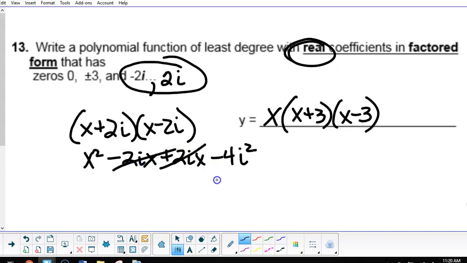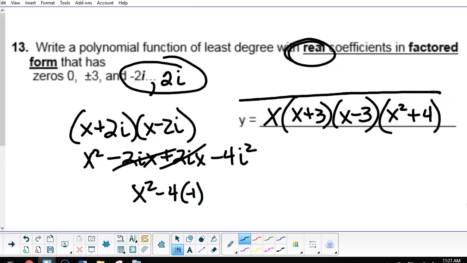Those subtract out. What is x squared minus 4 times negative 1 going to become? X squared plus 4, which does not factor, because it's not a minus. If it factored, again, x plus 2 and x minus 2, then there wouldn't have been i answers up there, right?